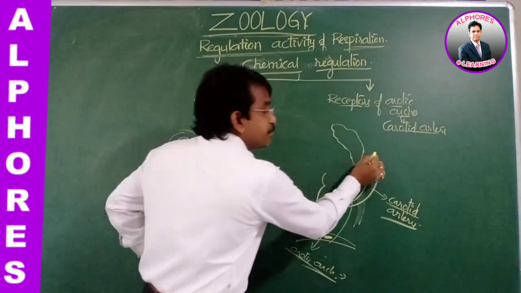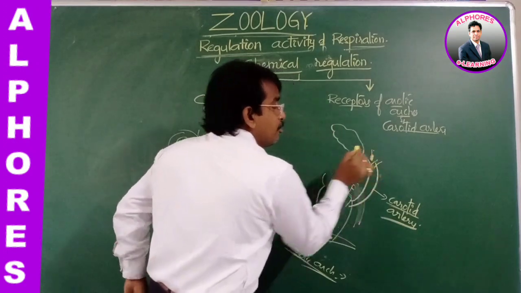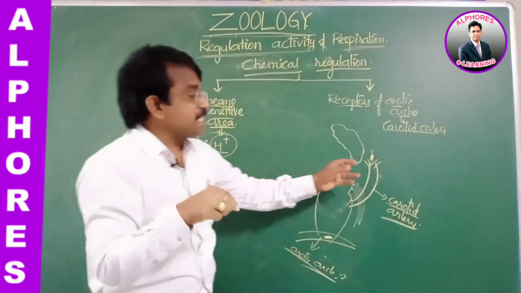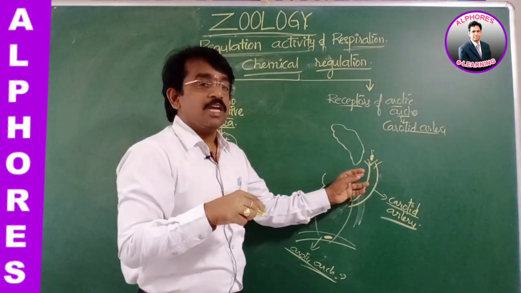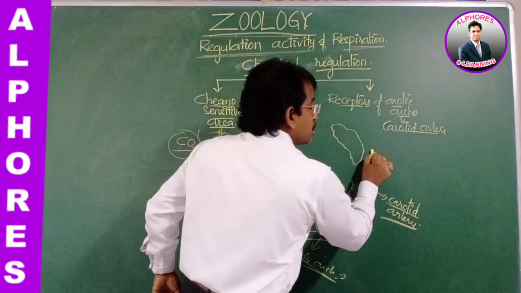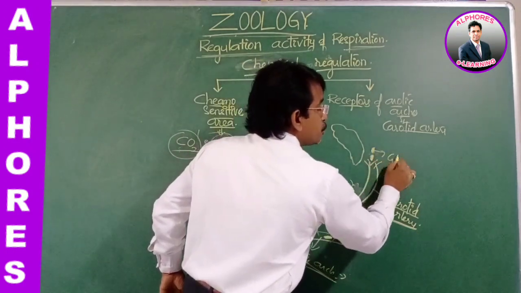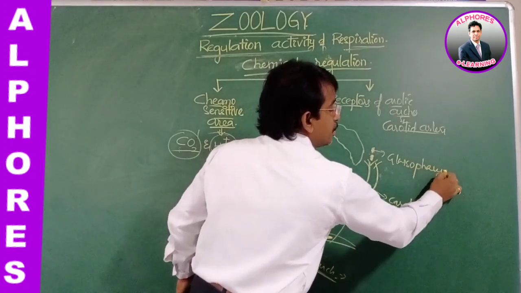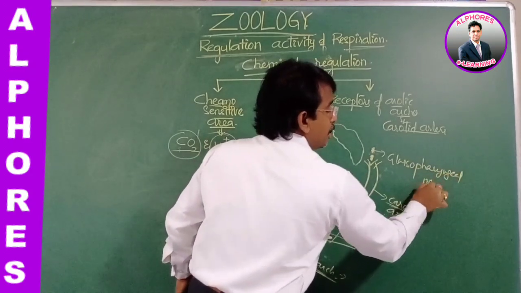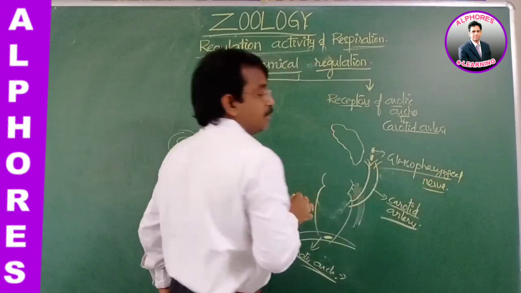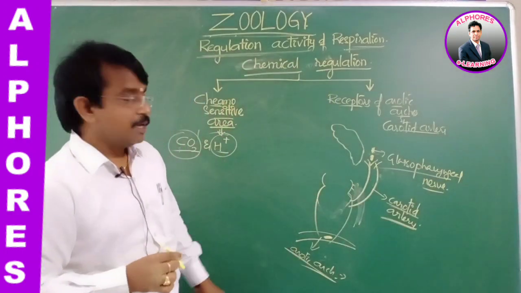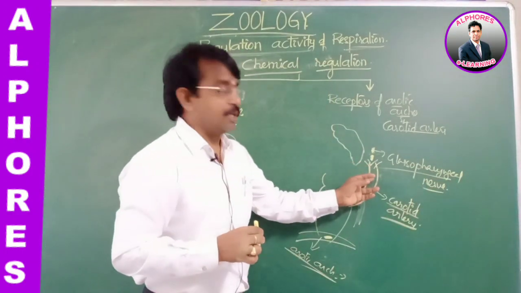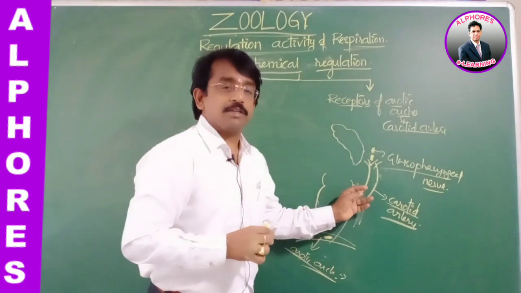These receptors detect the presence of CO2 and H plus, which is received by the glossopharyngeal nerve. That is the receptors present in the carotid artery.